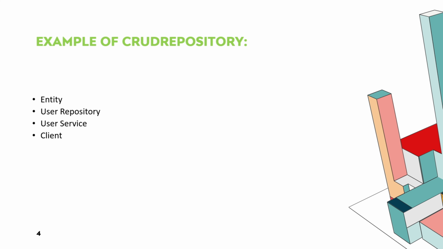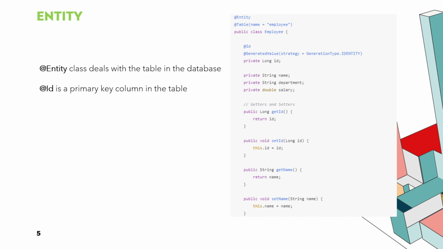To implement this particular feature, we will be writing a few classes: entity classes, repository classes, service class, client class. If you look at the entity, it's a normal way of writing an entity class. I'm annotating this employee class with @Entity, and ID, name, department, a few other attributes we have.